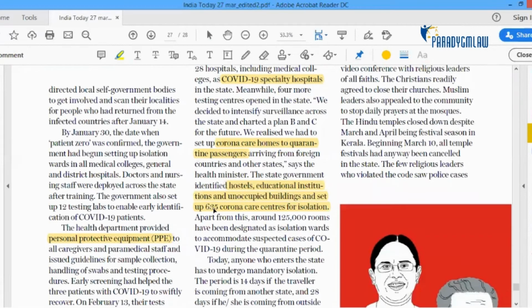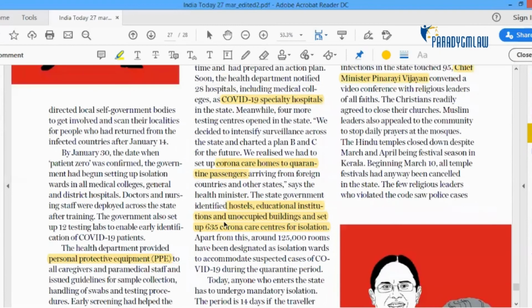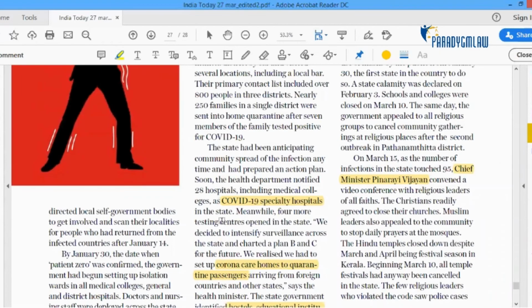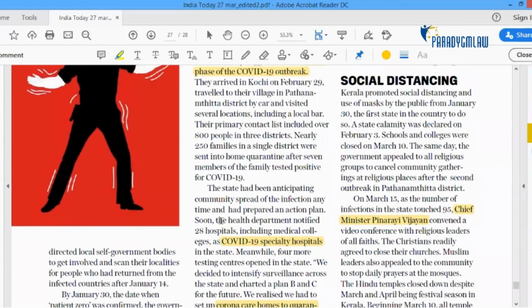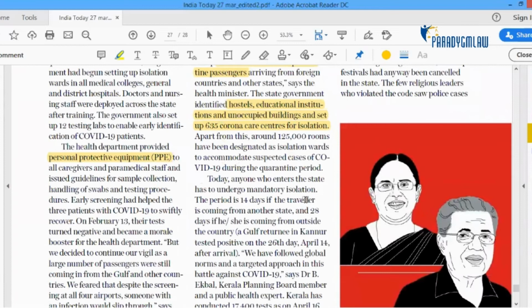And they are 635 in number. So, this was done as early as, I believe, end of February, early March. The article we're referring to is written in late April. So, this is from early March.